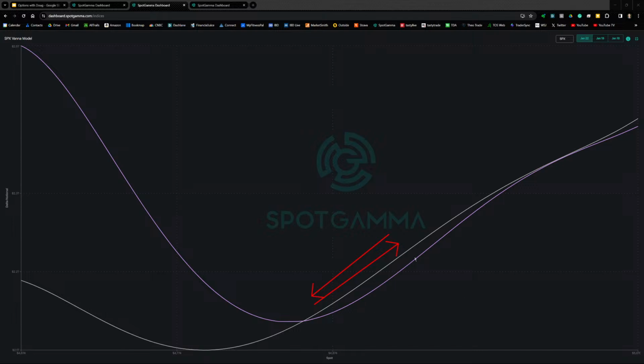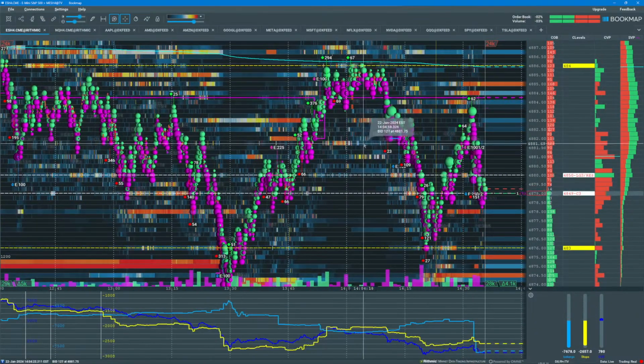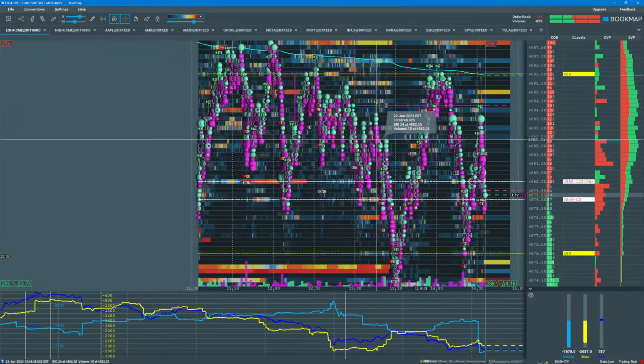So price rising, they're selling futures, price drops, they're buying futures. So they're trading against price in this positive gamma environment, which is really reflected on this portion of the Vanna model. So very up and down, definitely mean reverting price action today.